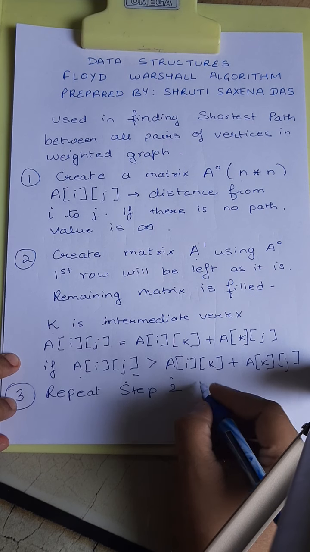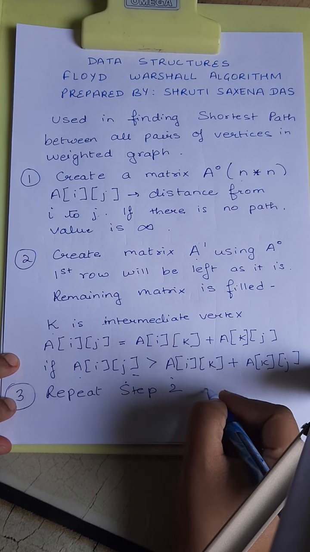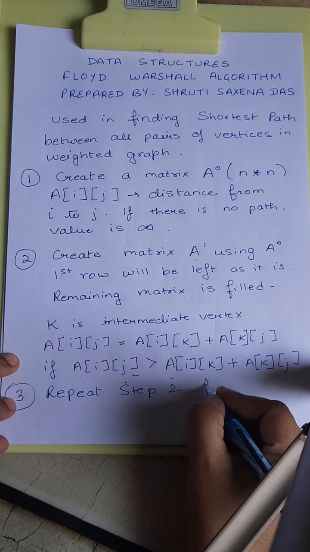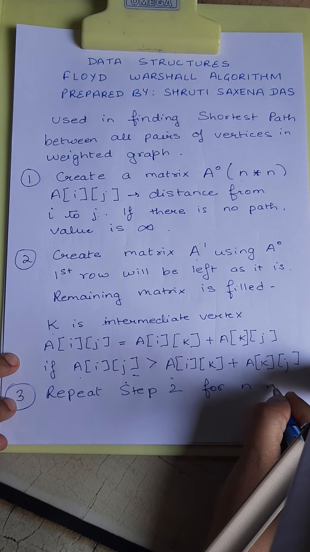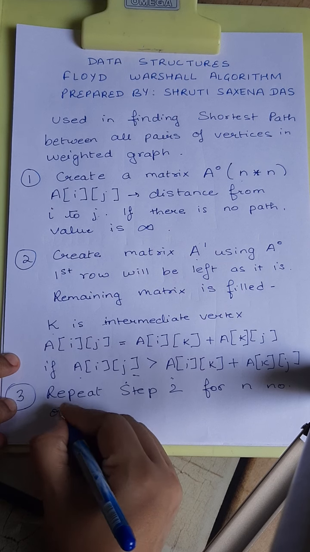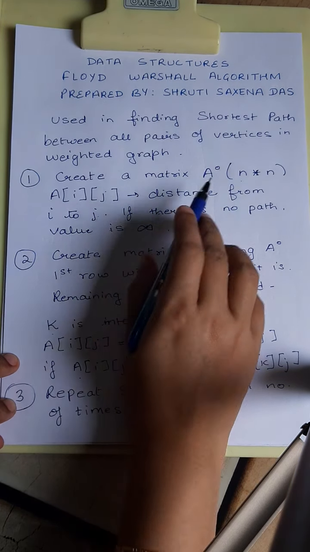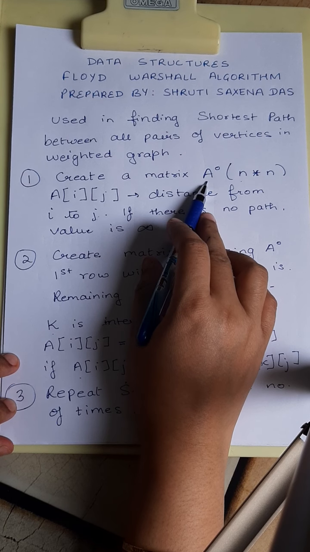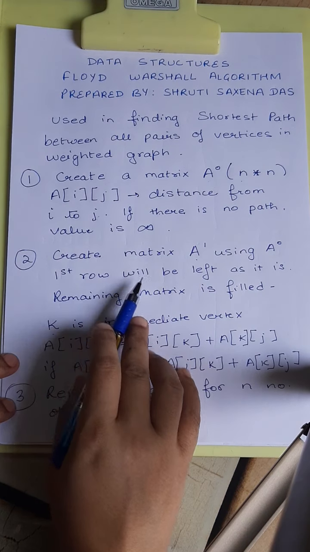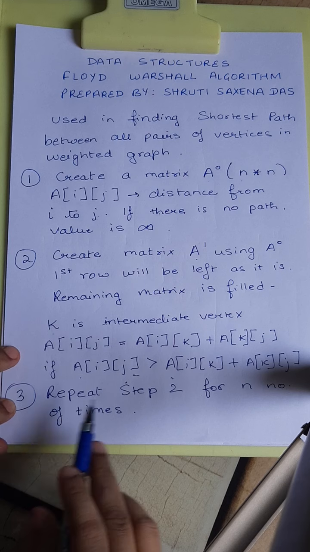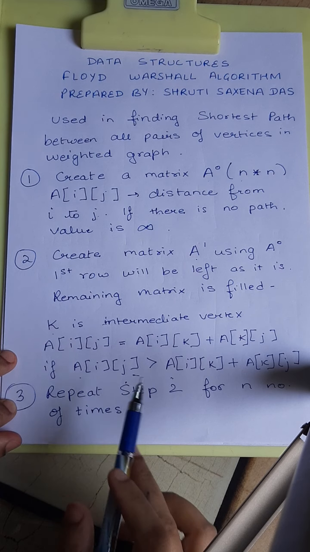So you have to run this loop, repeat step 2 for n number of times. So you have calculated A naught, which was the adjacency matrix, and after that you have to run step 2 for n number of times. So it will run for 4 number of times.